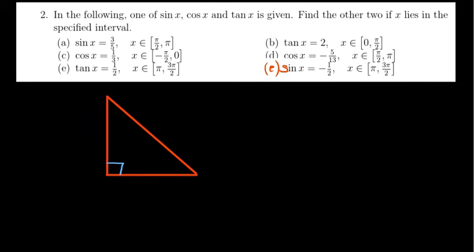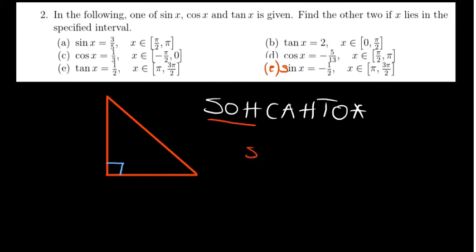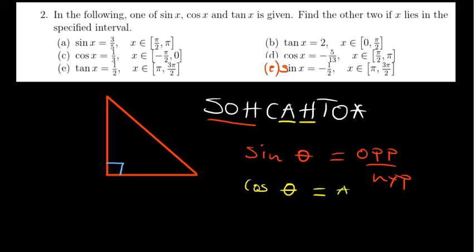The term SOHCAHTOA is like this. We call these trig ratios, and this term helps us to remember them. The first one is sine. Sine theta means opposite over hypotenuse. And then cosine of theta is adjacent over hypotenuse.